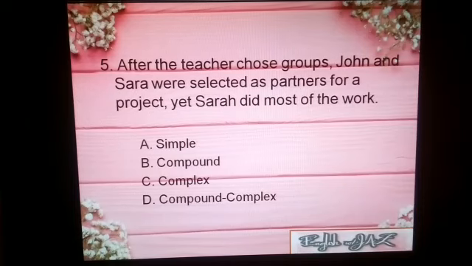We have John and Sarah were selected as partners for a project, and another independent clause, Sarah did most of the work, which were connected by the coordinating conjunction yet. So this sentence is an example of a compound complex.